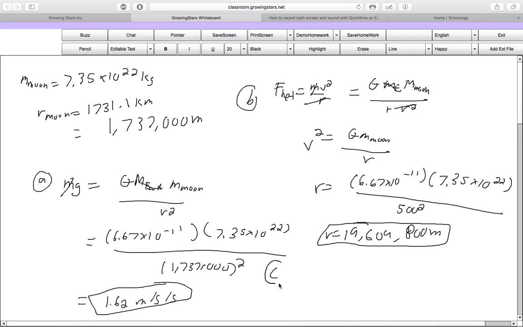Finally, part C says, what is the period of the satellite's orbit? So we use our generic formula: v is equal to 2 pi r over T. That means T is equal to 2 pi r over v.